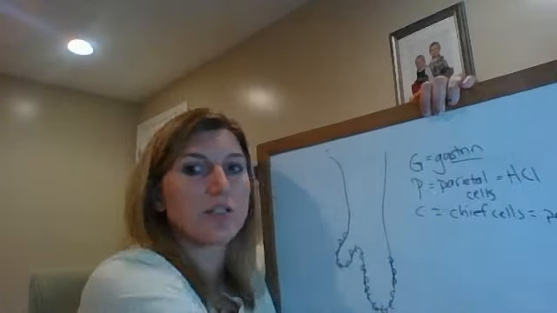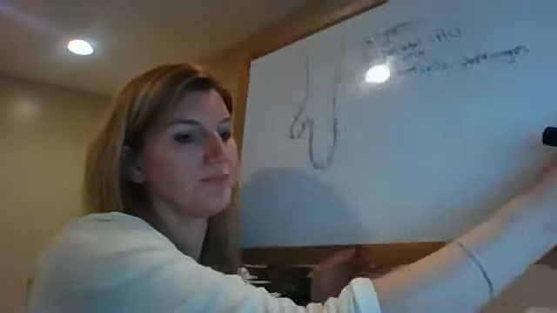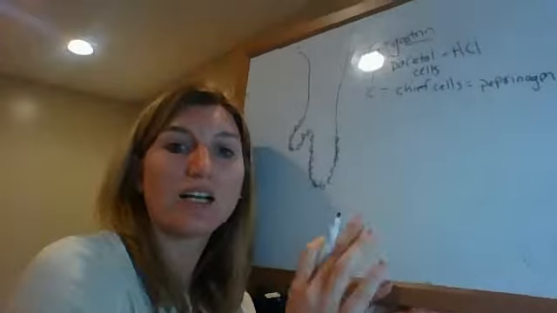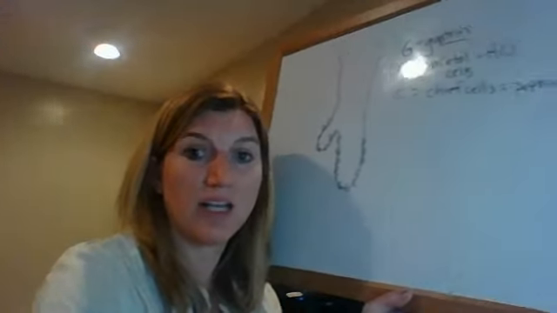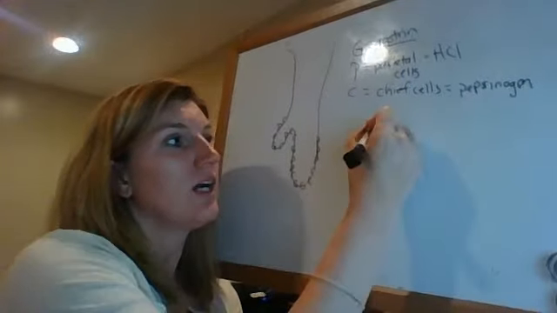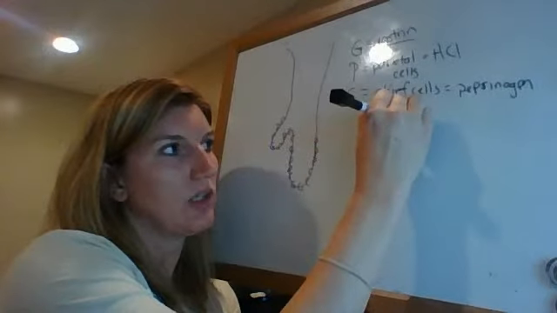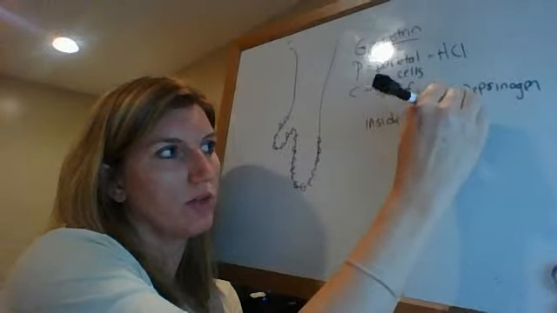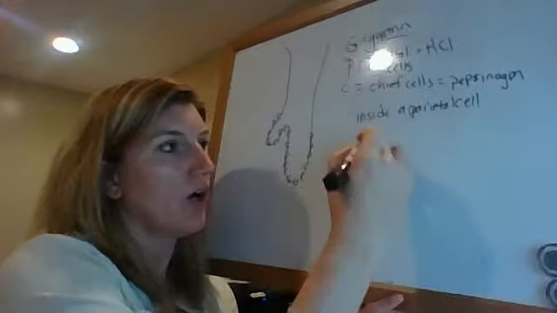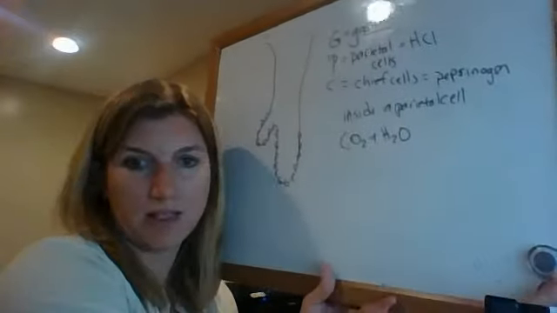So, what's interesting is the parietal cell actually has carbonic anhydrase inside of it. You might remember carbonic anhydrase from the red blood cells. So let's see. Inside a parietal cell, you have carbon dioxide and water mixing.